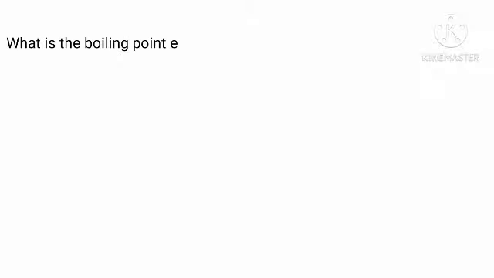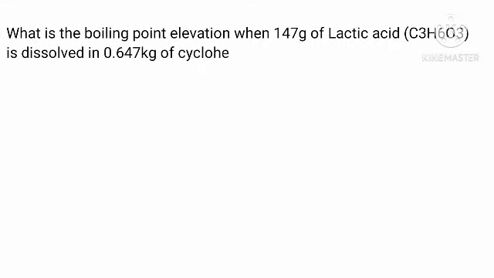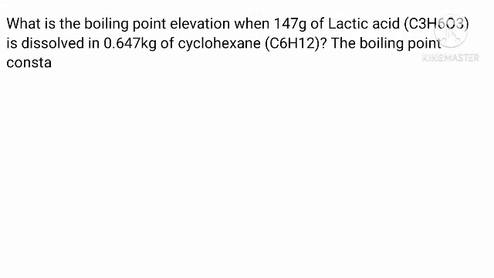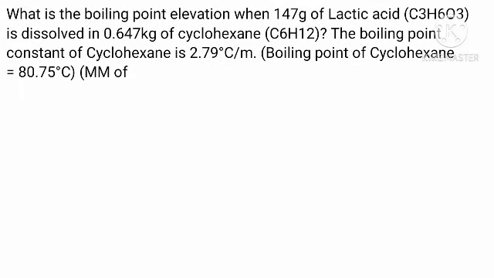What is the boiling point elevation when 147 grams of lactic acid is dissolved in 0.647 kg of cyclohexane? The boiling point constant of cyclohexane is 2.79 degrees Celsius per molality. The boiling point of cyclohexane is 80.75 degrees Celsius.